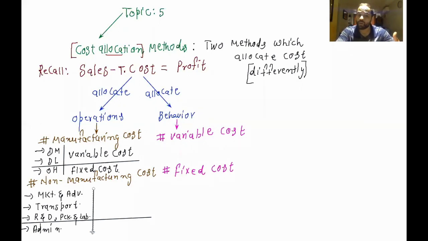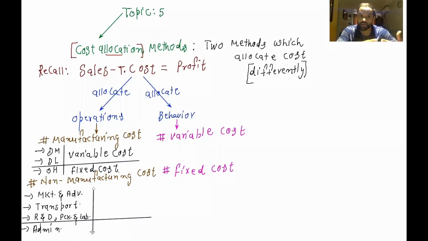Why? Because if you want to sell more product, you do more marketing, more advertising, right? Transportation. If you sell more product, you have to spend more money on transportation, delivery, logistics, supplying product to the distributors or directly to the consumers. R&D.